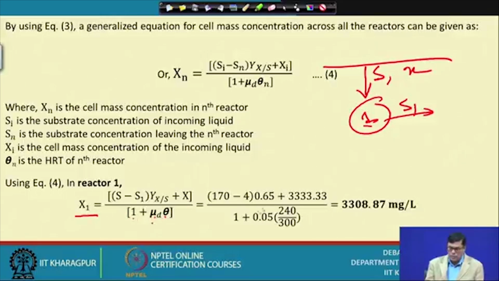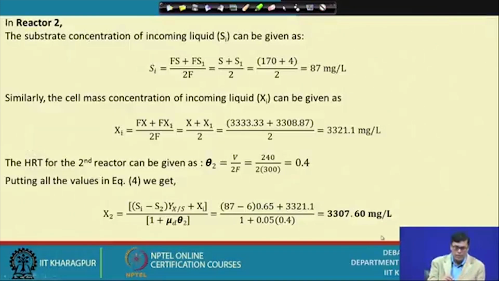If you put all these values, we can find out the cell mass concentration like this. Now, similarly, we can find out the S i value, x i value and x2 value.